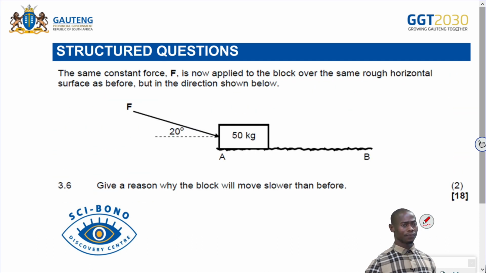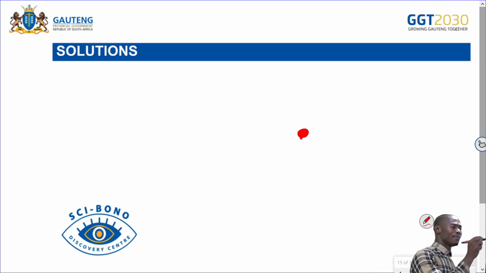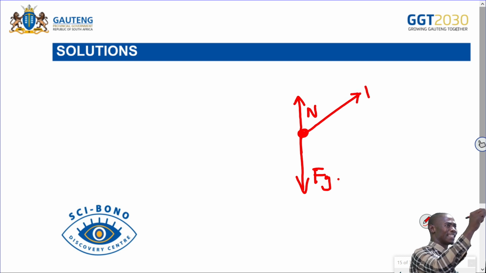So the forces will be, okay, free body diagram. I know Fg is always there, right? Fg is always there. Then I'm having again the normal force. What else am I having? The force that is applied at an angle, that force. And then you also have the frictional force.